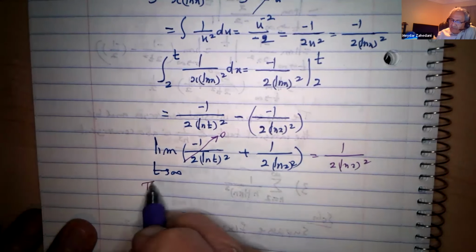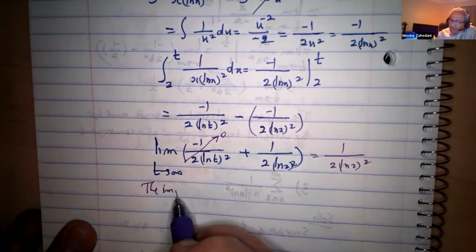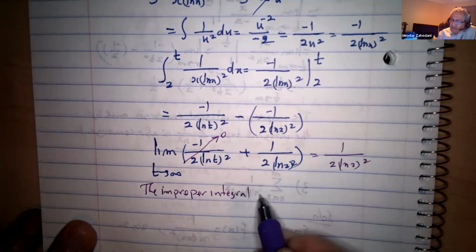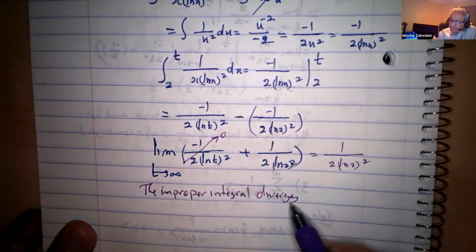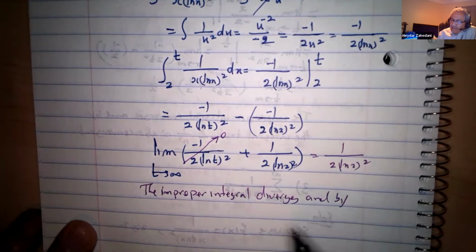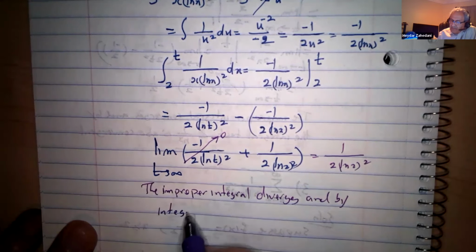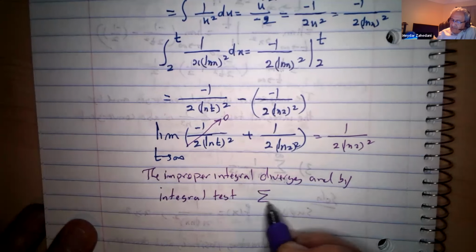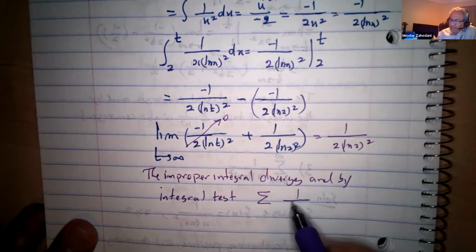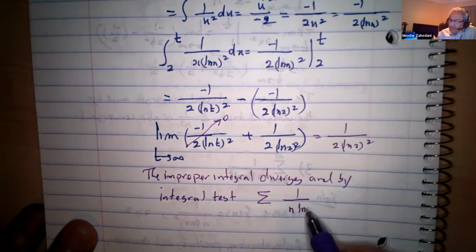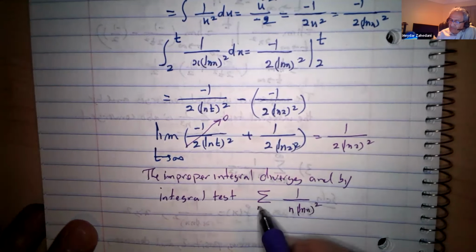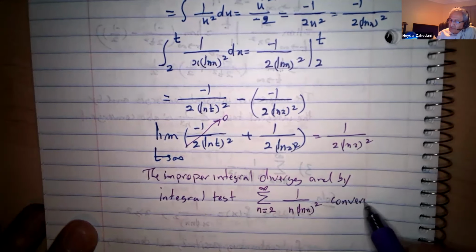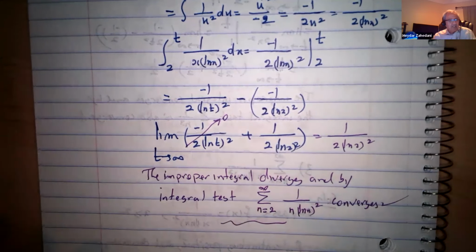So this means, again, the improper integral converges, and by integral test, the series sigma of 1 over n (ln of n) all squared, when n goes from 2 to infinity, converges, and you're done.